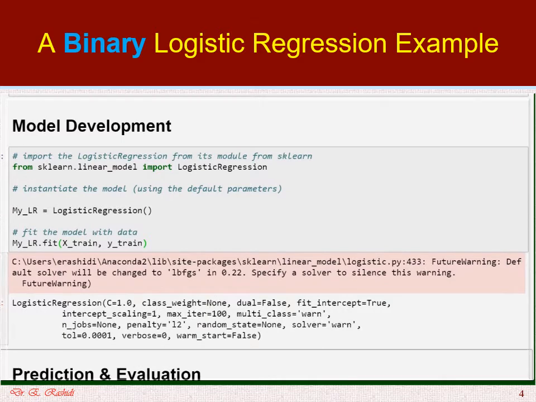Right, now the model is trained. This means that, remember the logarithmic odds ratio, in that equation all the coefficients b0, b1, b2, etc., have now been set up.